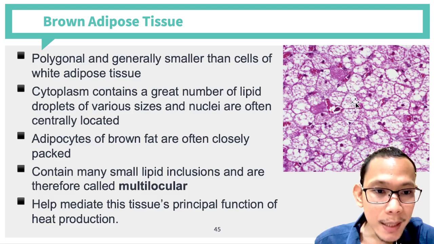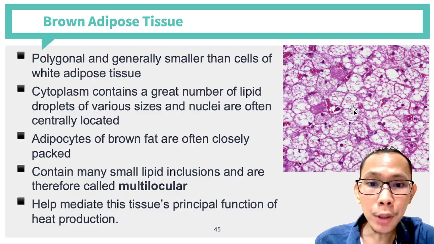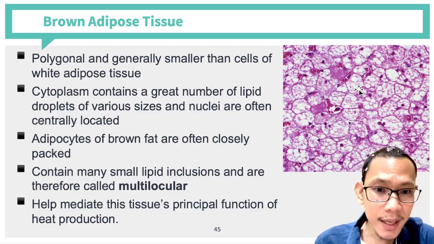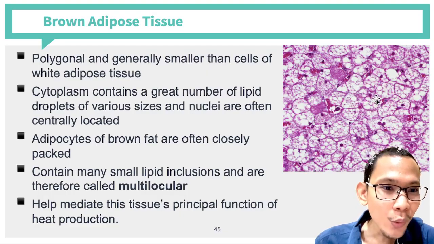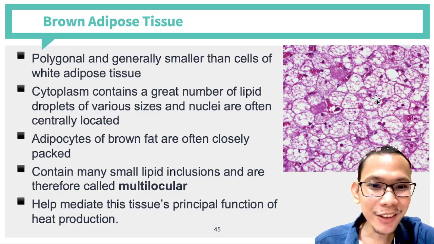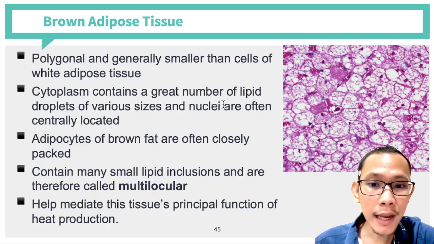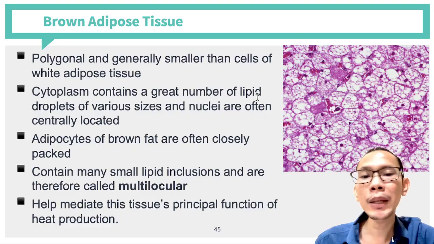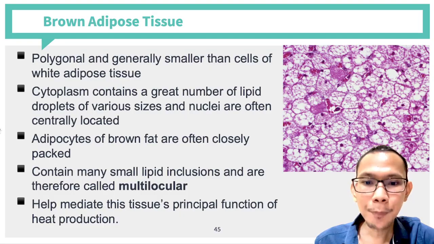The cytoplasm contains a great number of lipid droplets of various sizes, and the nuclei are often centrally located. So one important differentiating factor is the central location of its nuclei. Often, but not always; they can sometimes be peripheral, but can be seen centrally.